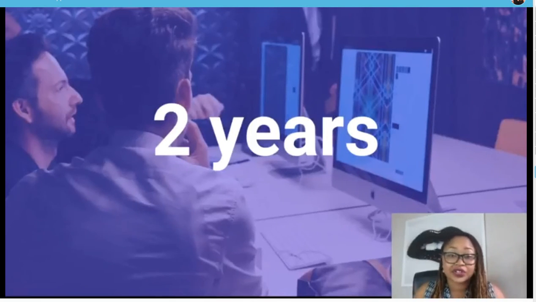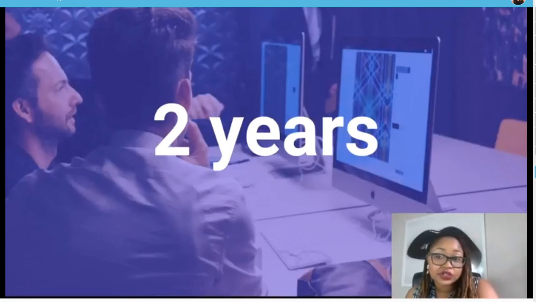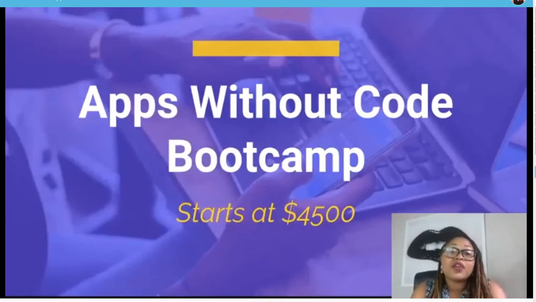So those are kind of your options here. You can spend several years working on this. You can spend $10,000 to $50,000 on this. Or, another option for you is to take a look at Apps Without Code Bootcamp, apply, and if you get in, it's significantly less in terms of price point.